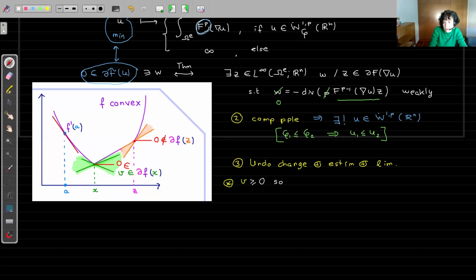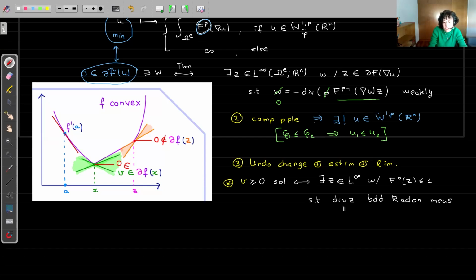That's a solution of the inverse mean curvature flow, or the anisotropic, crystalline, whatever you want to call this, if I can find a set z in L infinity as before, which is in the Wulff shape, and such that the divergence of z is a bounded Radon measure, and satisfies the equation in some sense.